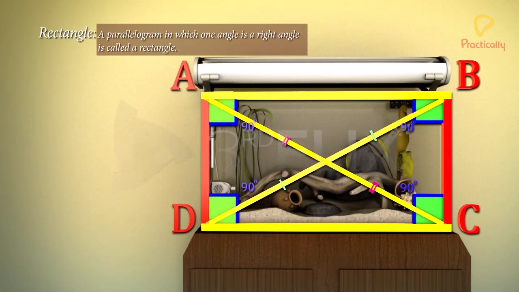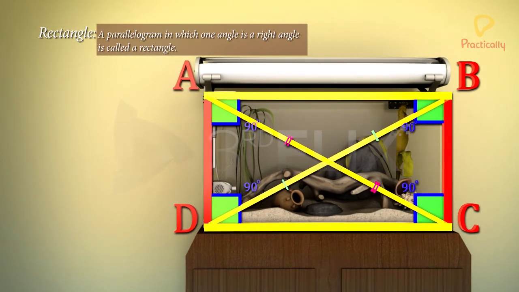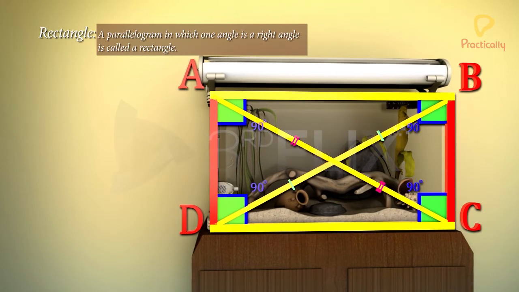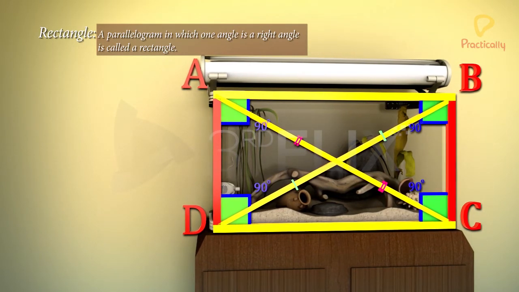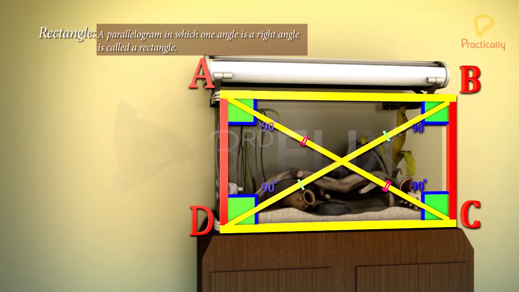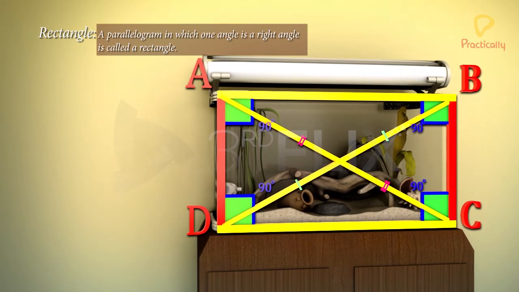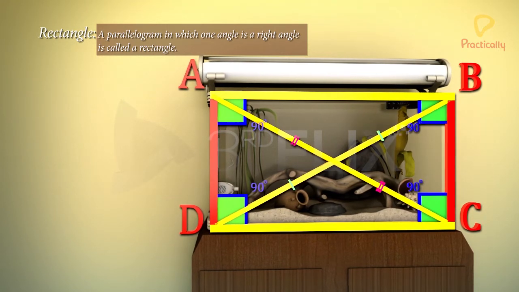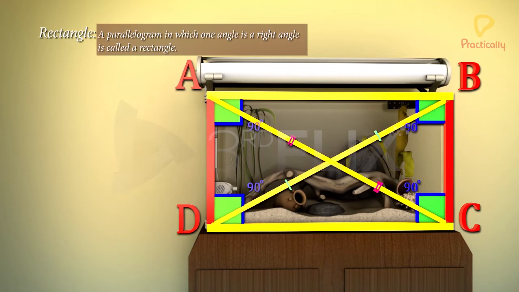Each diagonal divides it into two congruent right-angled triangles. Each angle is 90 degrees. Any two adjacent angles have their sum equal to 180 degrees. That is, they are supplementary.